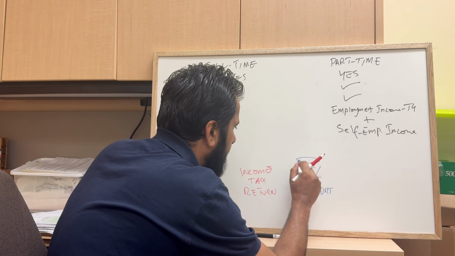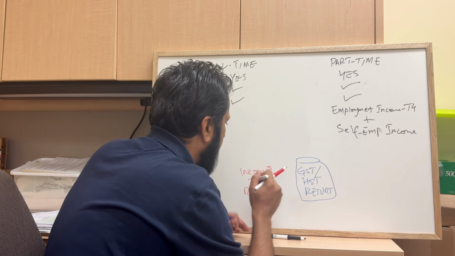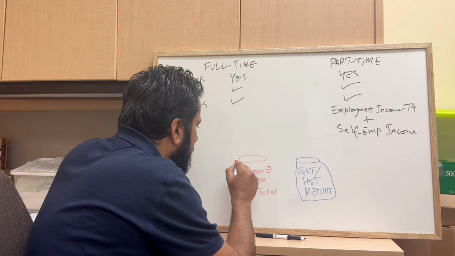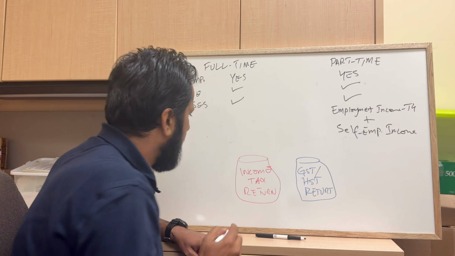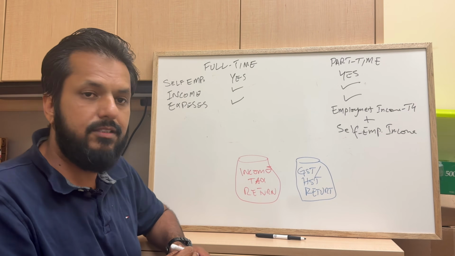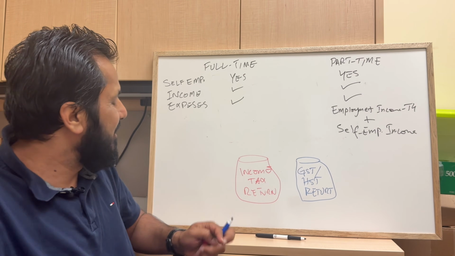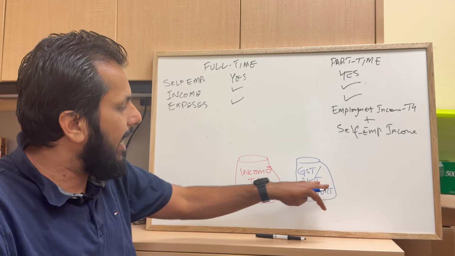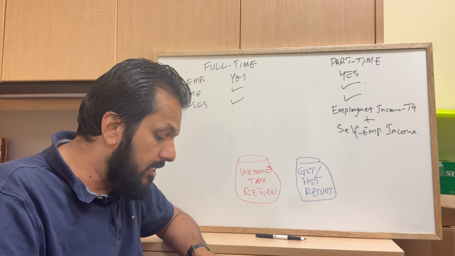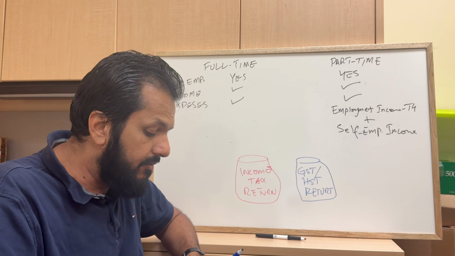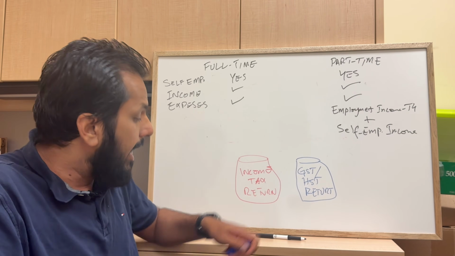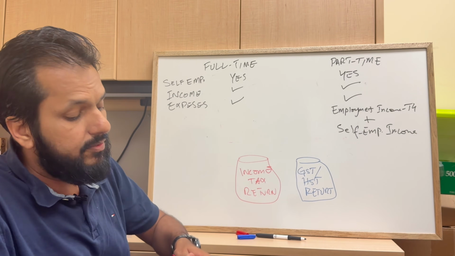Okay, let's make them like this. So these are like two different, I'm sorry, but I always try to include some art. All right, so this is the income tax return and the GST return. So as I told you, every rideshare driver has to file these two types of tax returns.